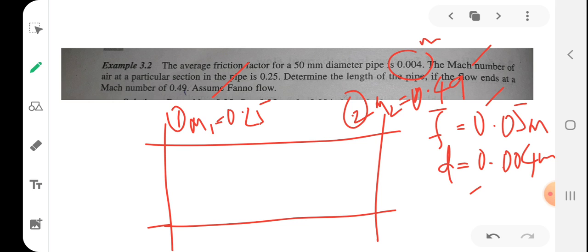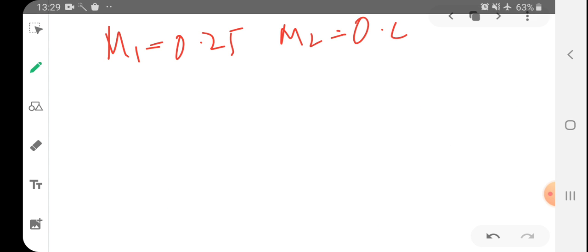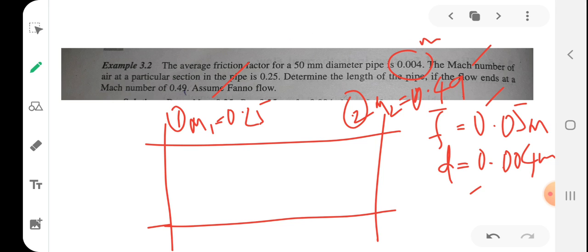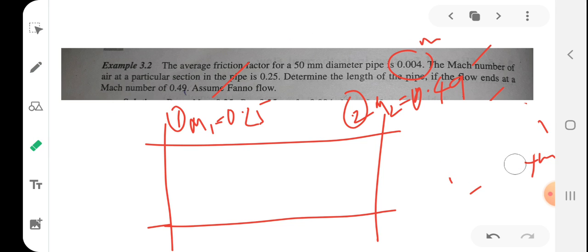So students, what should be found out? M1 is given as 0.25, M2 is given as 0.49. Wait, it's wrong. The friction factor is 0.004.